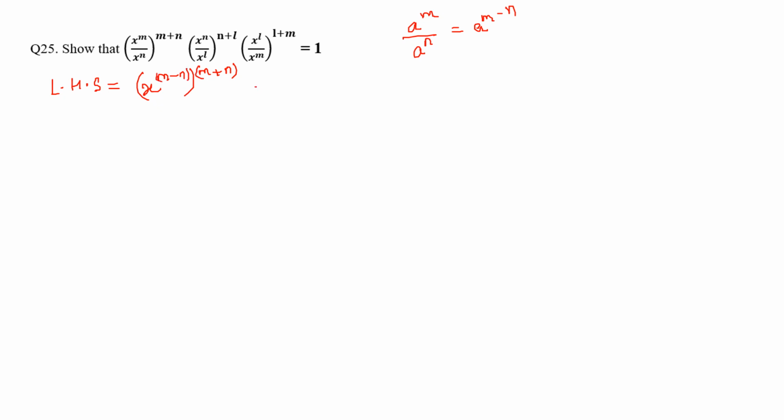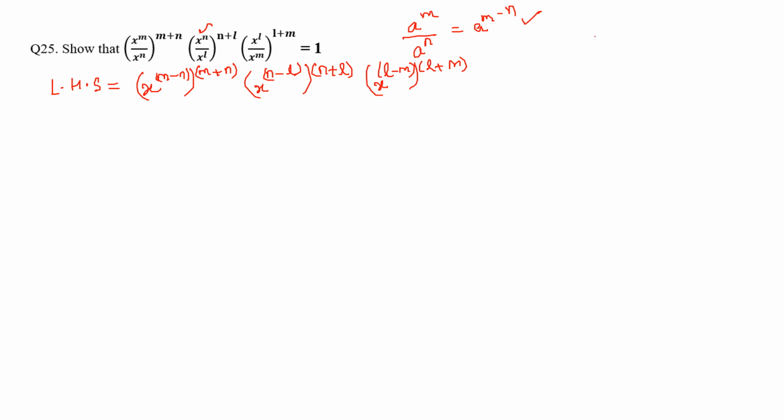Next, x to the power n minus l times n plus l. And then again x to the power l minus m times l plus m. Now I have just used this division law and I have written like this.